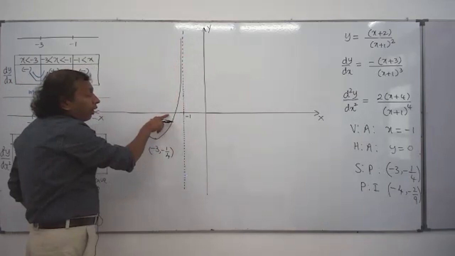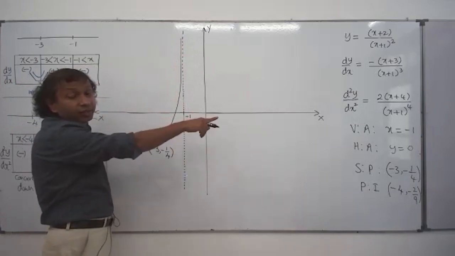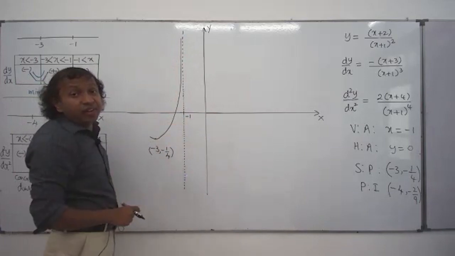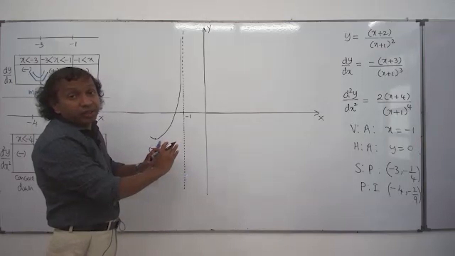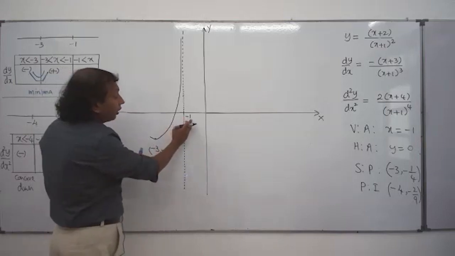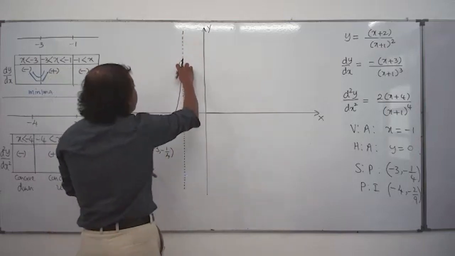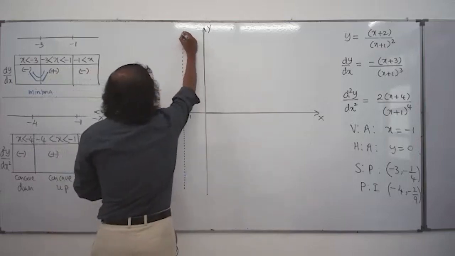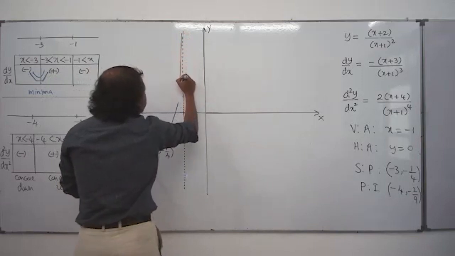Okay, why? As we come closer to minus 1, at x equals minus 1, we noticed we had what? Vertical asymptote. So therefore, the graph should go closer to that. This vertical dotted line and this graph become parallel, then they meet at infinity. That is the meaning of the vertical asymptote. Like this graph should be.